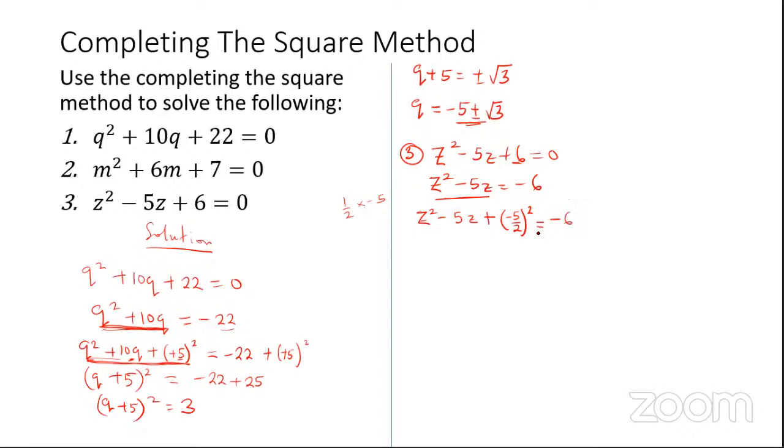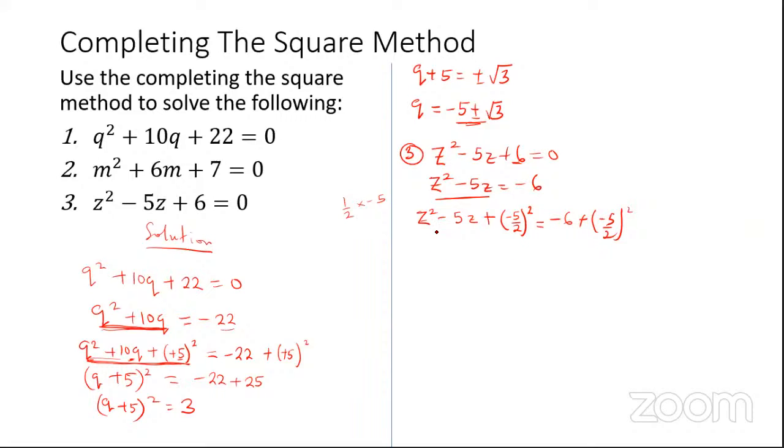I want to believe you all know how we got minus 5 over 2. That's half of minus 5, and minus 5 happens to be the coefficient of z. Square it, so plus minus 5 over 2 squared.